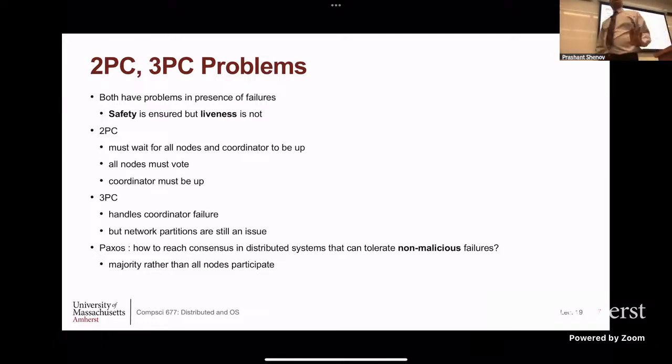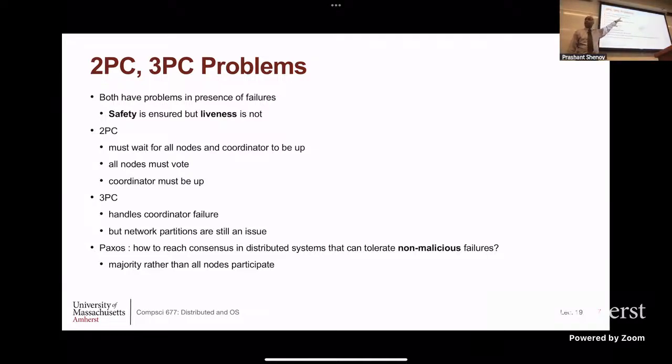When I talked about it, I explained to you that you always end up in the right state because you give up liveness. You say that we would rather hang forever and not make progress because the coordinator has crashed, because making a unilateral decision might violate safety. You might end up in the wrong state from the coordinator, and then you have violated atomicity. So you gave up liveness in order to ensure safety.